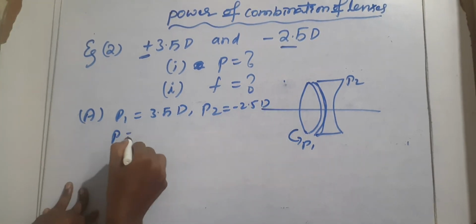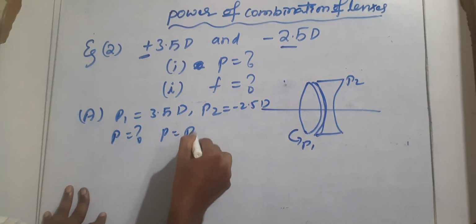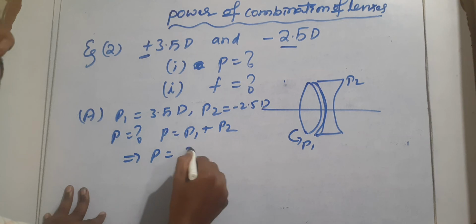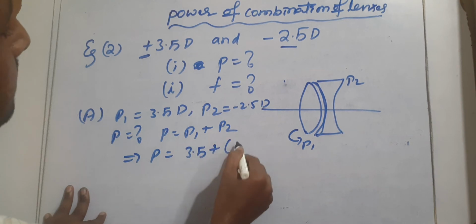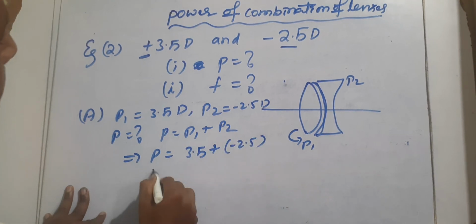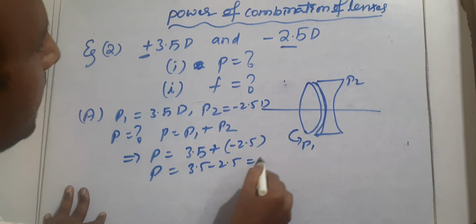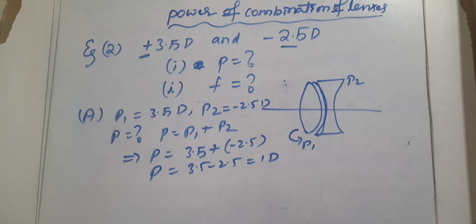What is the total or effective power? We have the formula P is equal to P1 plus P2. So P is equal to 3.5 minus 2.5, that is 1 diopter. Finally the power comes with a plus sign, so positive 1 diopter.